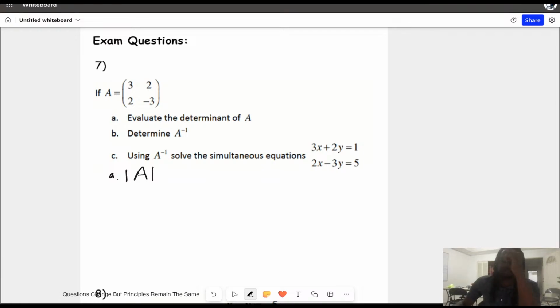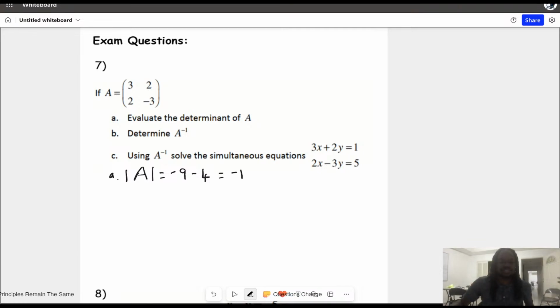Product of leading: 3 times negative 3, that's negative 9. Minus product of non-leading: 2 times 2, that's 4. Negative 9 minus 4, that's negative 13.